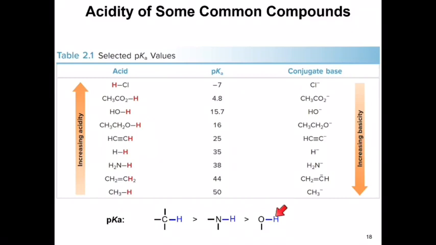So this hydrogen right here is easily deprotonated, meaning you can easily remove this hydrogen compared to this hydrogen that's bonded to a nitrogen or a hydrogen that's bonded to a carbon. And so in terms of their pKa values, this would be larger than nitrogen, and then this nitrogen-hydrogen bond has a higher pKa value than this hydrogen to oxygen bond.